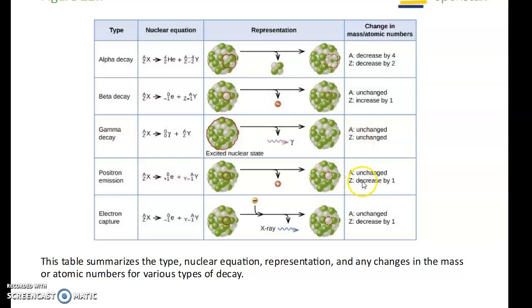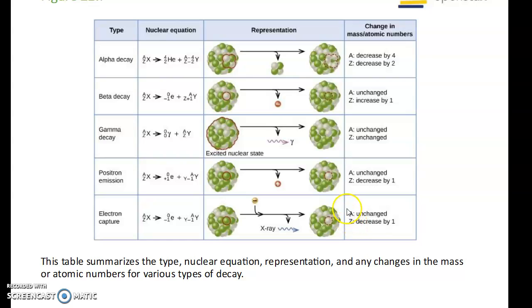Positron, here you have the atomic mass unchanged, and this decreases by 1. And here it's unchanged, and this decreases by 1 as well. This is electron capture. So positron emission and electron capture work to be the same thing.